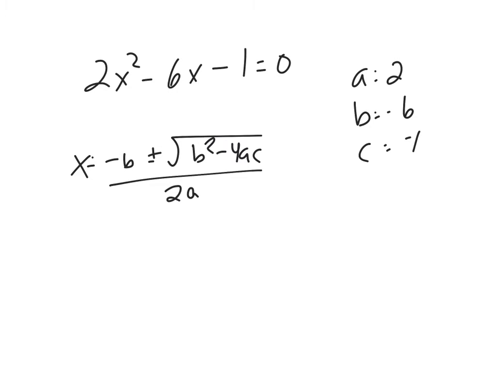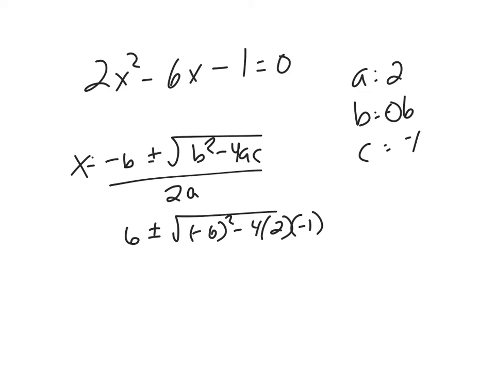So -b would be a positive 6, because it's already negative, right? We've got to change it. And then -6 squared minus 4 times a times c all over 2a.